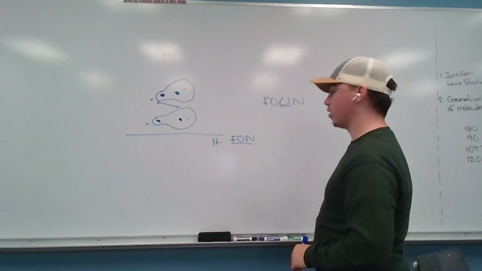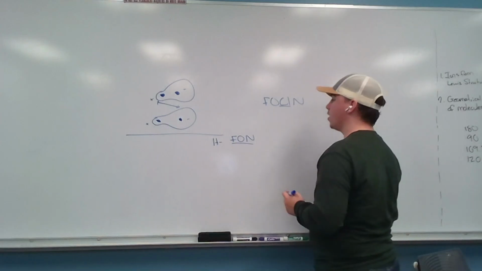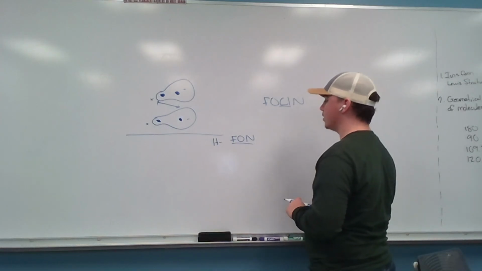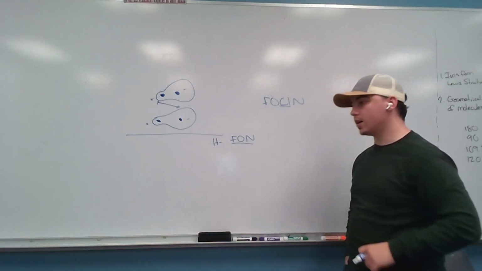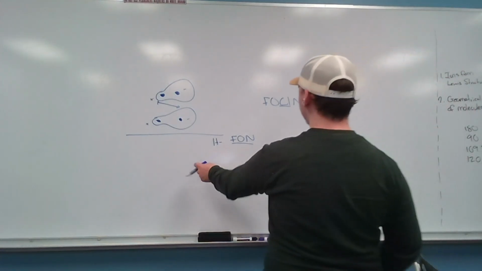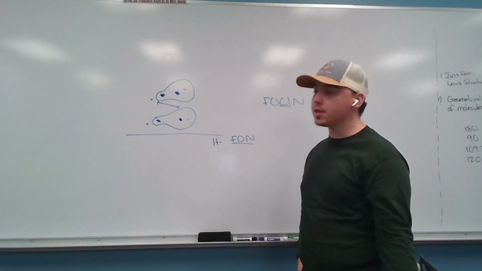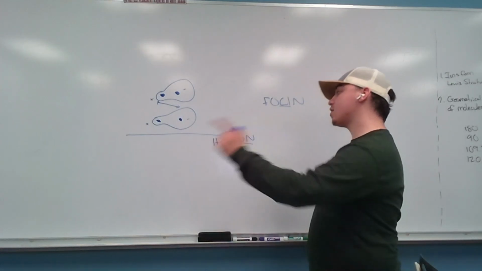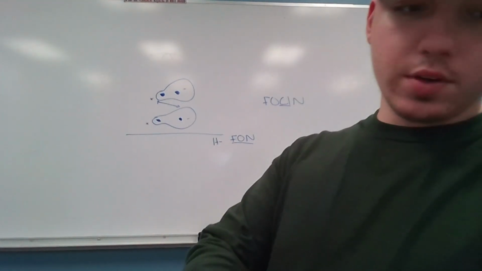It has to be smaller elements. So hydrogen fluoride, hydrogen oxide, and hydrogen nitride are going to be the strongest things that form H bonds. Whenever you see an H and an F together within a compound, you can say, that's where the hydrogen bonding is going to form.